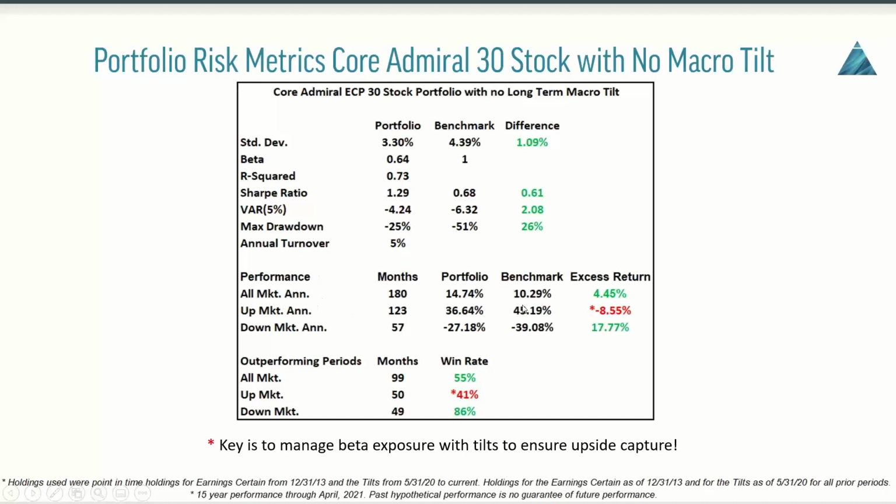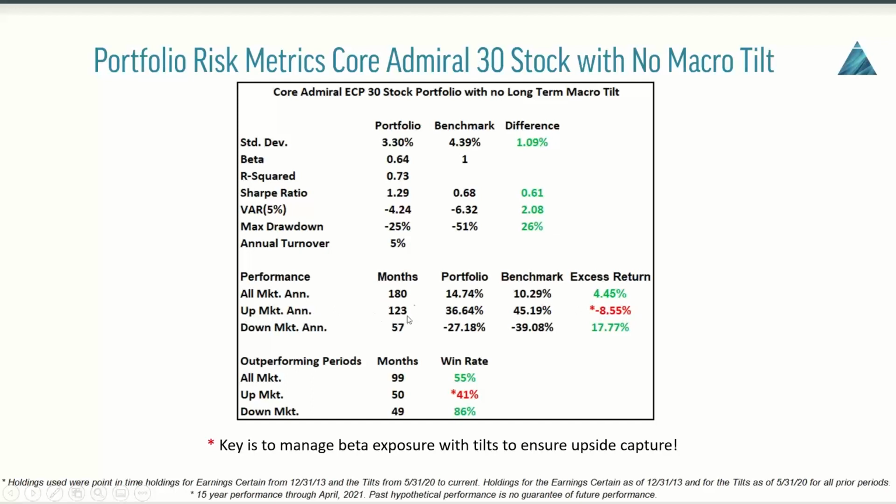When we start talking in terms of performance, you can see that over the 180 months of that 15-year study, we've got an excess return of about 4.5%. And we outperform in the down market months. That excess return was actually 17.77%. You can see these numbers in red. This is what we actually managed to actively with our tilts. So you can see the upmarket annual return.